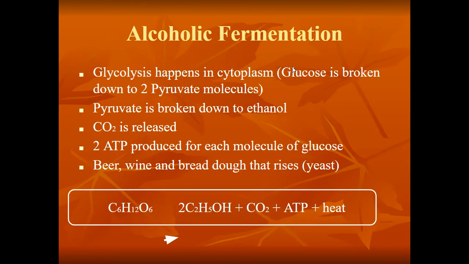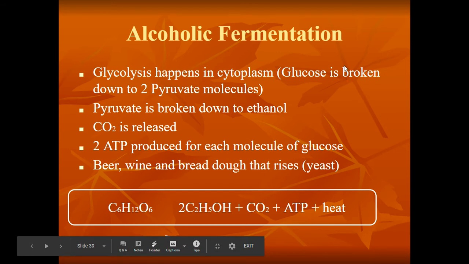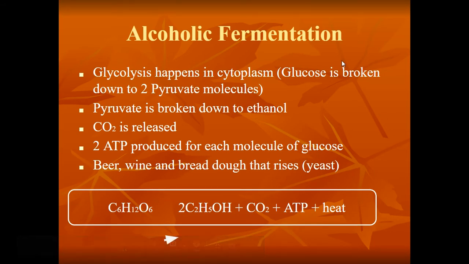All right. And then we have alcoholic fermentation, our second type. This type of fermentation, again, happens with no oxygen present. We go through stage 1 like we always do. It happens in the cytoplasm like it always does, and it's broken down to 2 pyruvate like it always is.